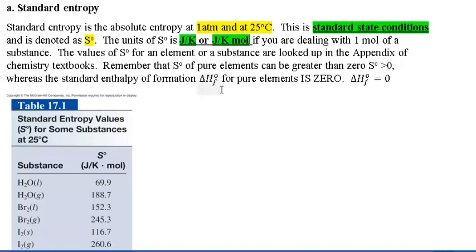So what's different between the standard enthalpy of formation versus the standard entropy? Both are under standard state conditions, but the standard enthalpy of formation for elements in their most naturally abundant state is 0. The standard entropy, or the entropy by itself, is not 0.